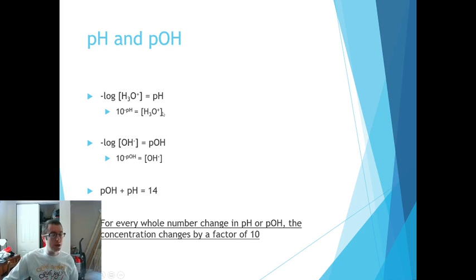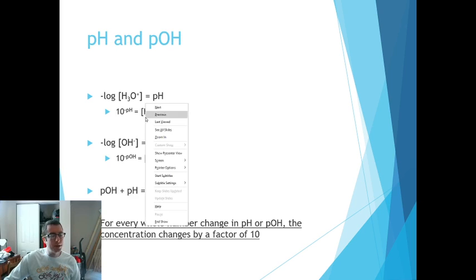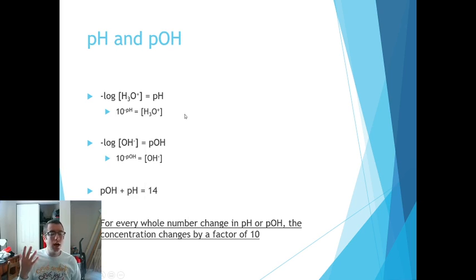Again, that's going to be a molarity, and the vast majority of the time these numbers are going to be in scientific notation, usually times 10 to the minus something, anywhere between minus 1 and minus 14. It's usually going to be a scientific number with a big negative exponent up there.